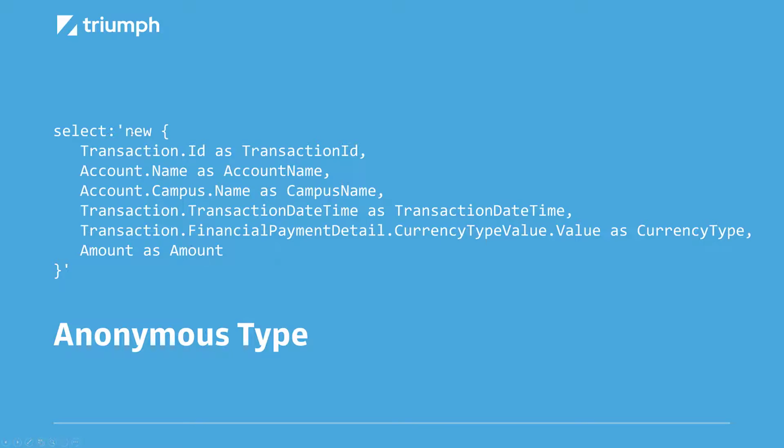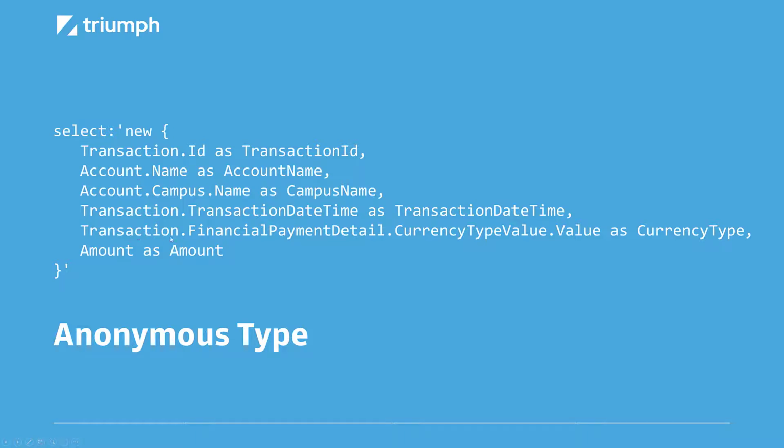So I'm saying, hey, I want a new type, and my type should have transaction.id, and I want to give it a friendly name as transaction ID. I want account name as account name, account campus.name as campus name, transaction.transaction date time as transaction date time, and then I want the currency value. So look at this.